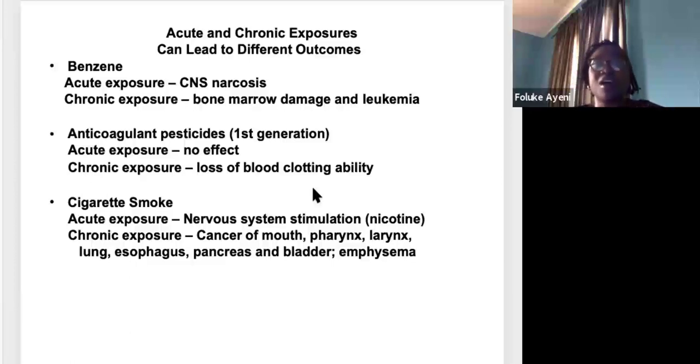But on the other hand, when they keep taking it chronically, at the end of the day, it results in different cancers in the body. It could be of the mouth, of the pharynx, and of other organs in the body. So acute exposure and chronic exposure lead to different effects of toxicants in the body.